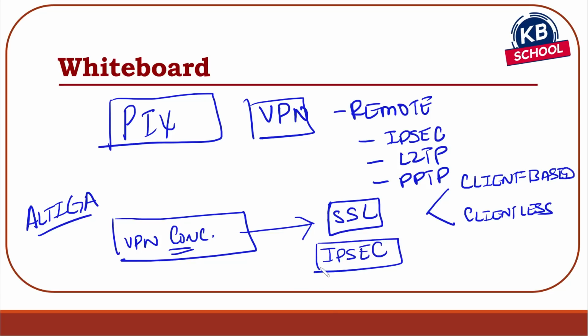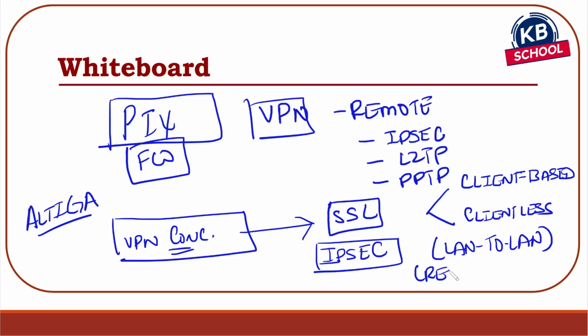So initially Cisco sold the two products, the PIX firewall as the firewall product, and the VPN concentrator as the device that would terminate your VPNs, whether they were LAN-to-LAN VPNs or remote access. Remote access VPNs are your VPNs from your clients using SSL. So initially they kept on selling it as two different products.